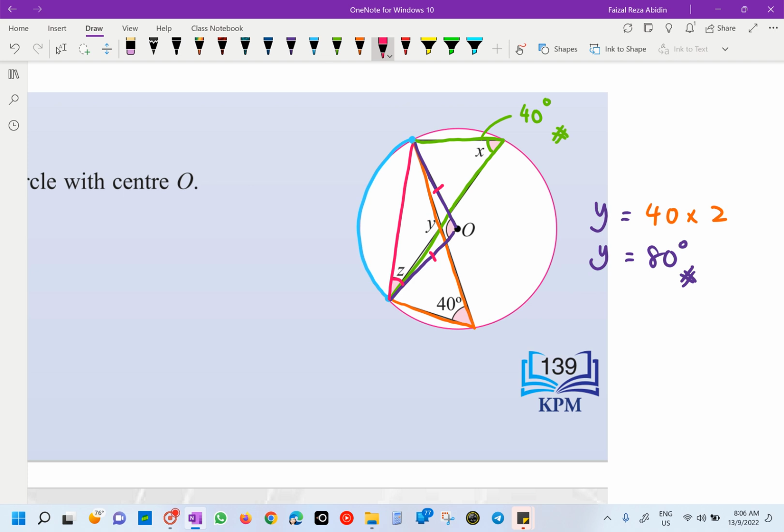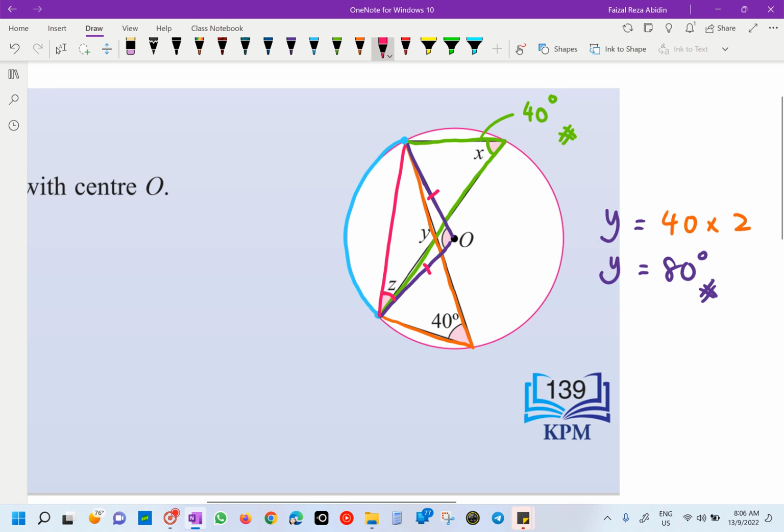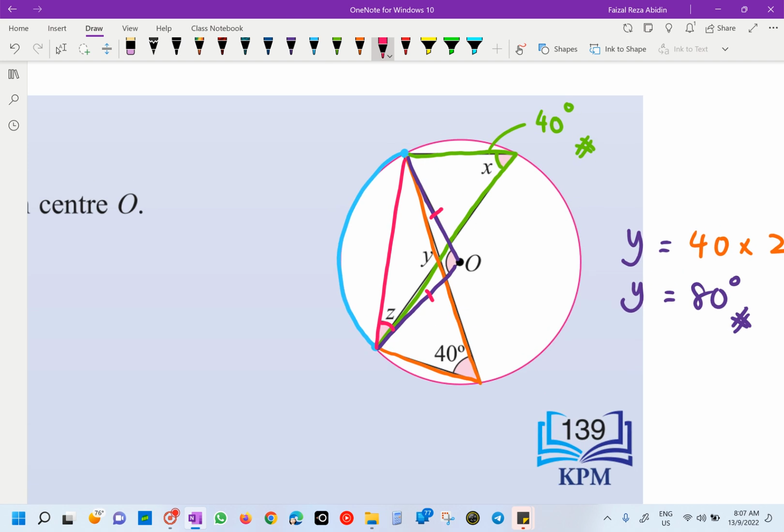So what do you have over there? Isosceles triangle, am I right? What is the property of isosceles? The two legs have the same length. What else? The angle also is going to be the same. So what does it mean here? This is also our z, isn't it?